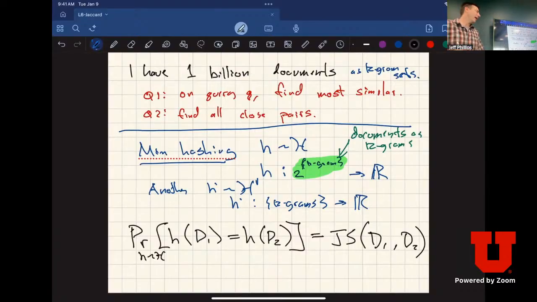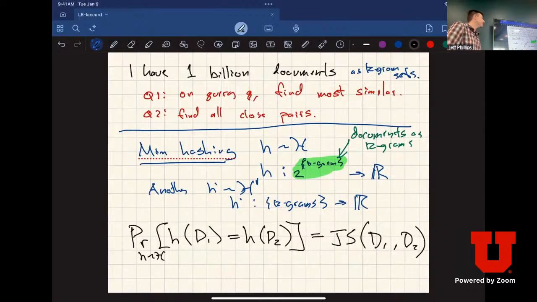Okay. And I did not need, and I will not need, to define the union of all the k-grams. I won't need to really define the space. I just need some function that can take a k-gram and map it to a real value, this h prime. So this is all I will need to define this minHashing function. Hopefully you can get a sense of why this could be useful.